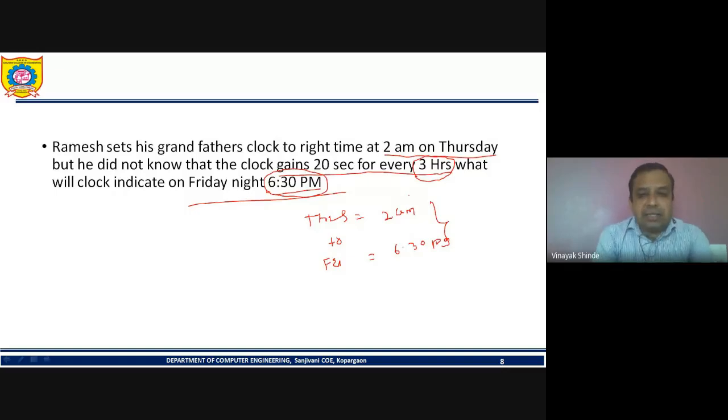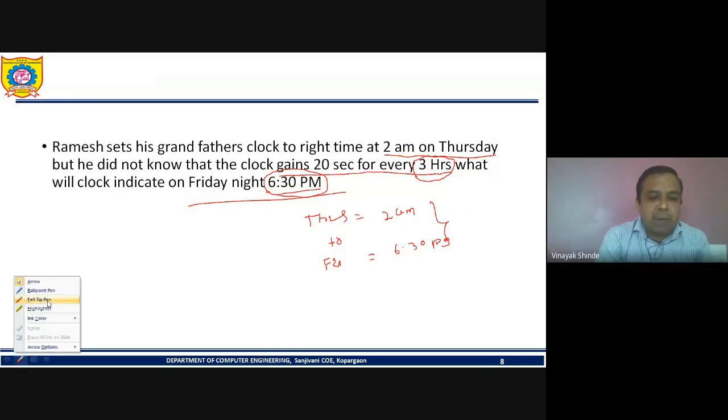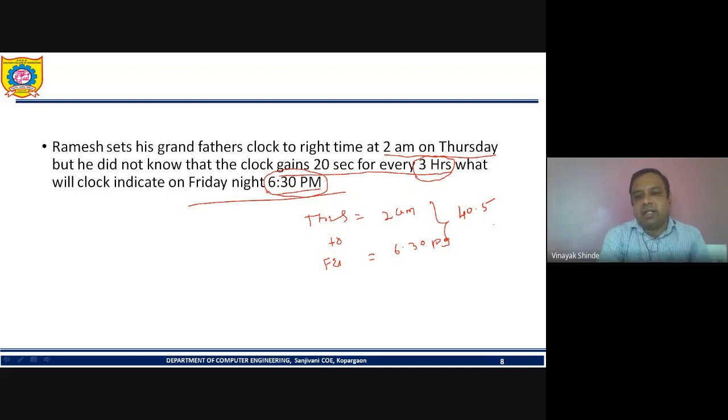So how much is the time span? Here you get almost 40.5 hours, right? This is the time span we get from 2 a.m. to 6:30 p.m., divided by 3 and multiplied by 20 seconds.